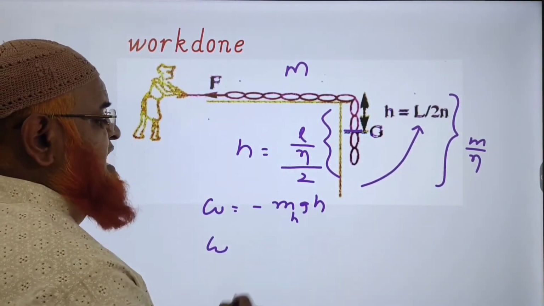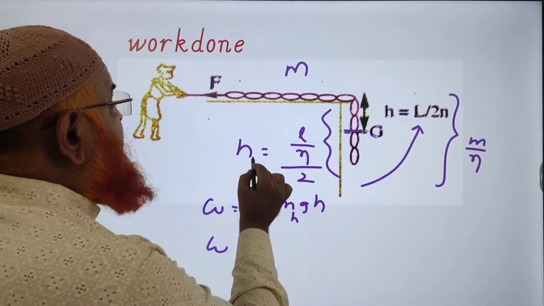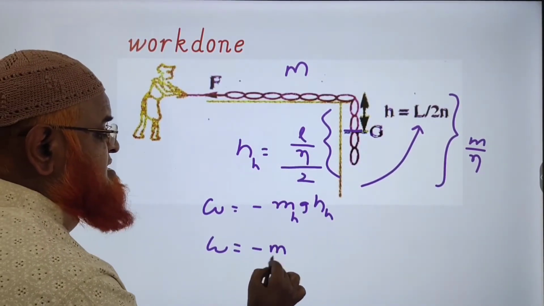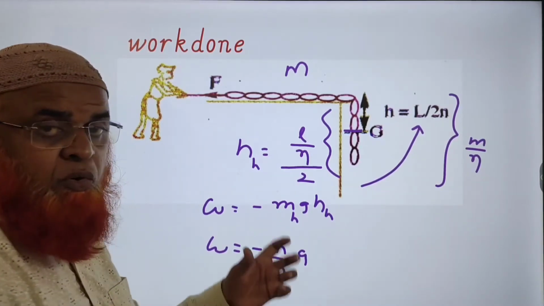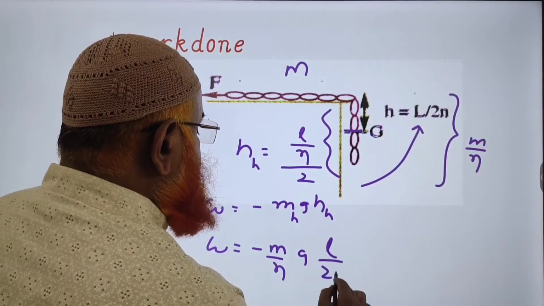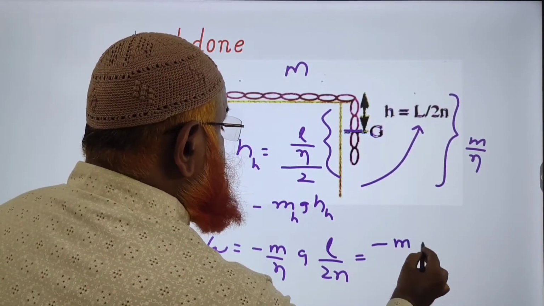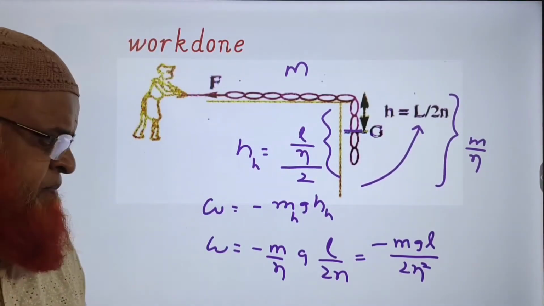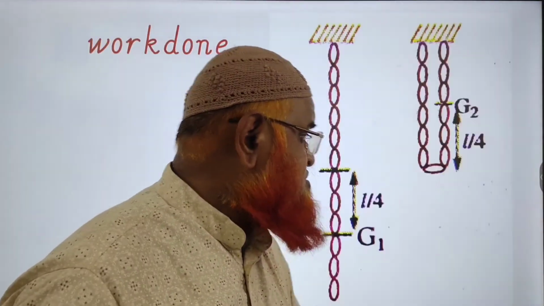Therefore, mass of the hanging part times g times the height of the hanging part is minus m by n g into h. H is going to be L by 2n. So your total answer is minus mgL by 2n square. That's it.